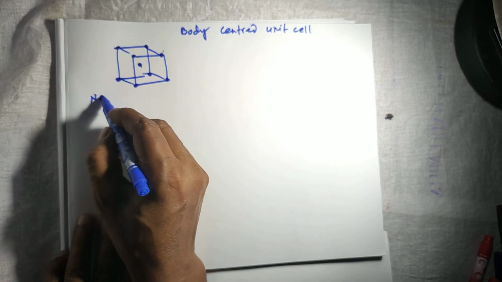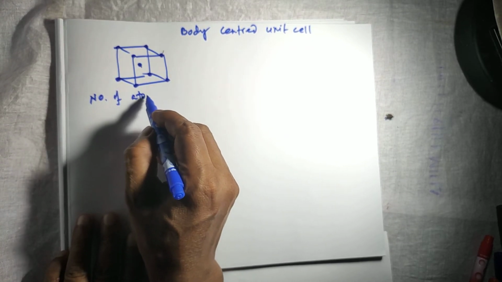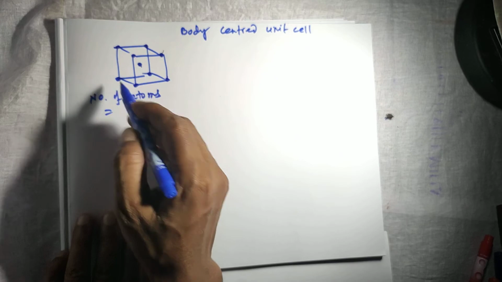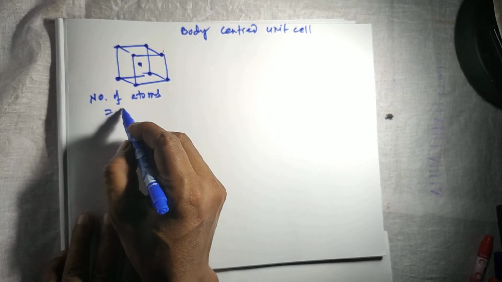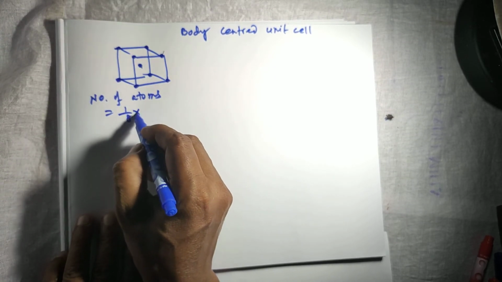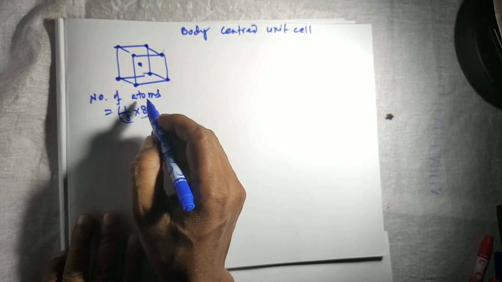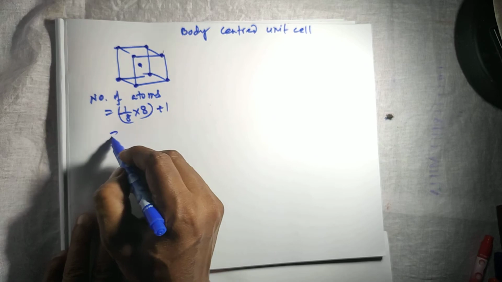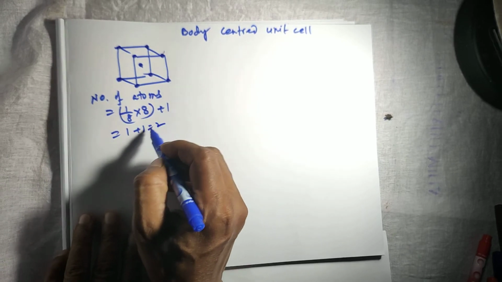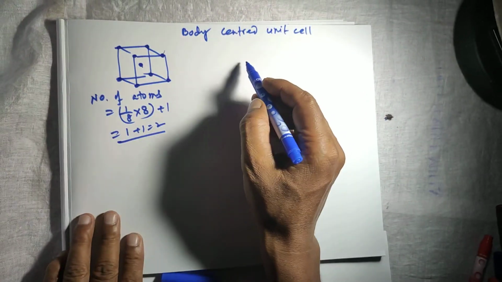So the number of atoms in case of body-centered unit cell will be 1 by 8 into 8, plus 1, so 1 plus 1, that means 2 atoms.